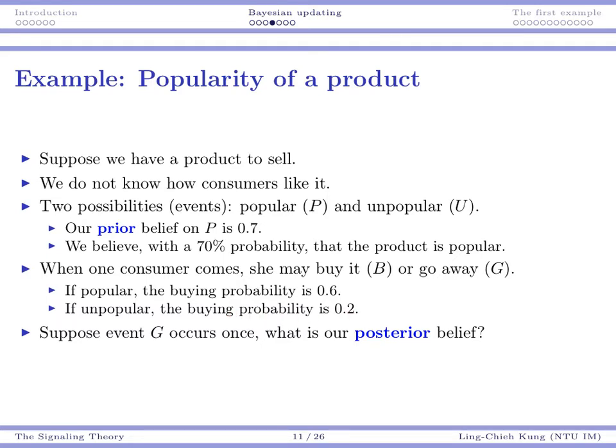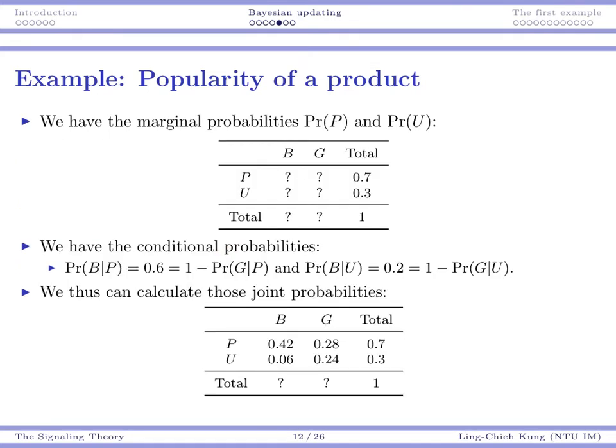Now suppose one guy comes and goes away. What's the posterior belief? We can update our prior belief of 70% to something else. The first thing we have is the marginal probability, P and U. We believe that with probability 70% the product is popular, with probability 30% the product is unpopular.